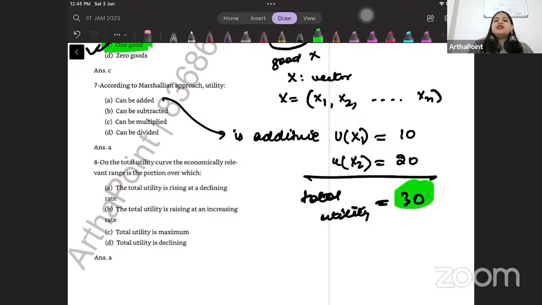So utility is considered to be additive in nature. That is why answer to this question will be A. It is additive in nature.